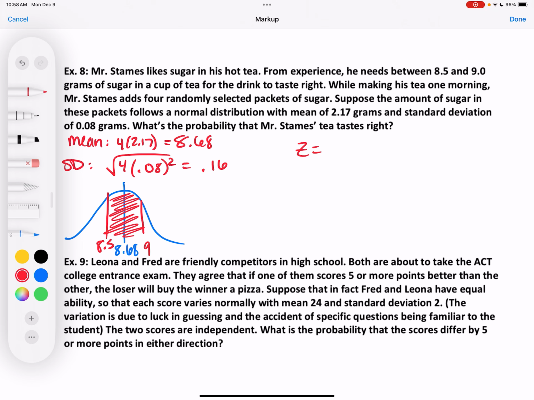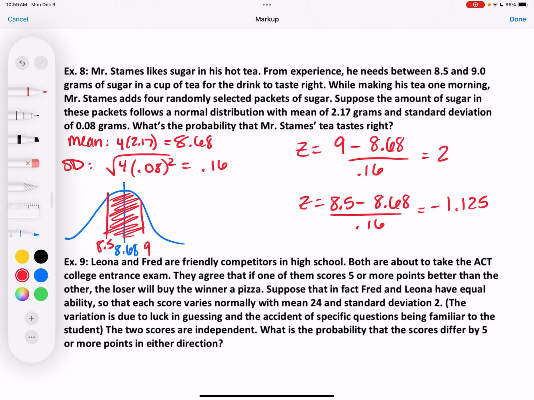So 9 minus 8.68 over 0.16 gives us 2. And then I need to do it for 8.5. So z equals 8.5 minus 8.68 over 0.16, which gives us negative 1.125.